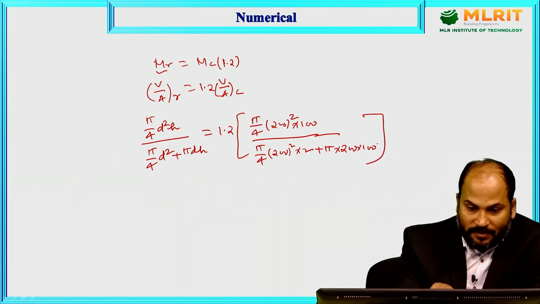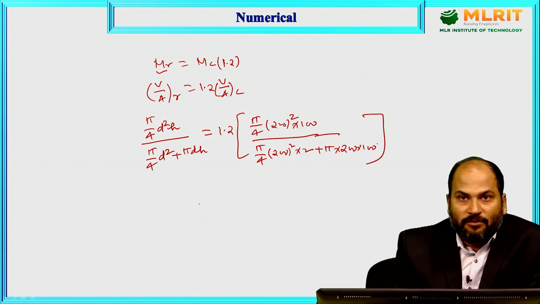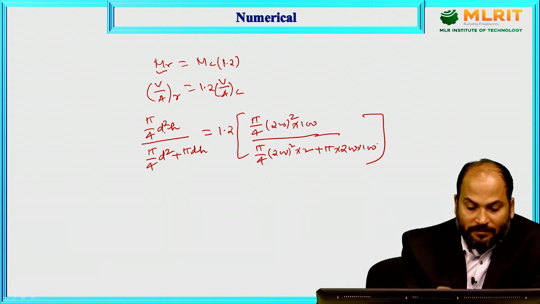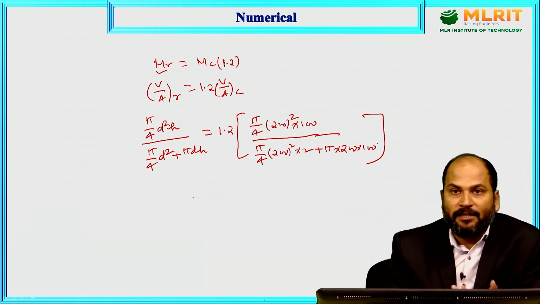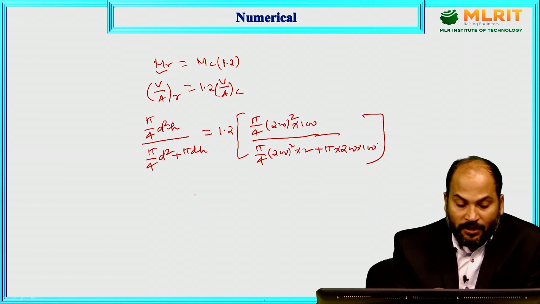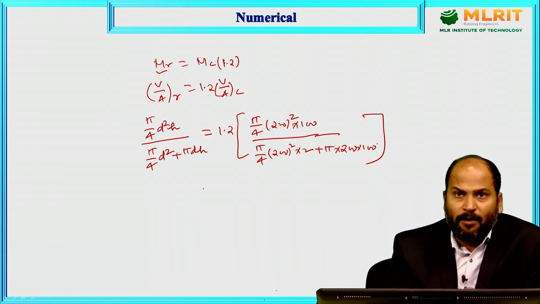As this is a side riser, we can equate d and h, so the equation will have only one unknown.